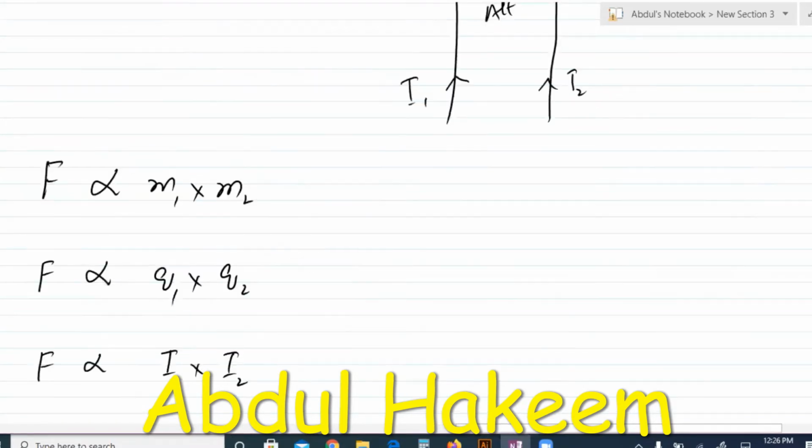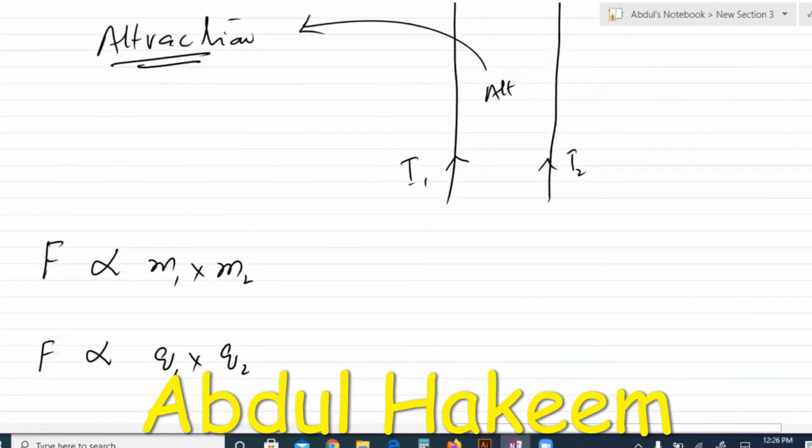So this is the similarity. So force in gravitational field depends on the product of the masses, in electric field, product of the charges, and in magnetic field, product of the currents. So both masses will experience the same force, both charges will experience the same force, both currents will experience the same force, whether they are equal or not.